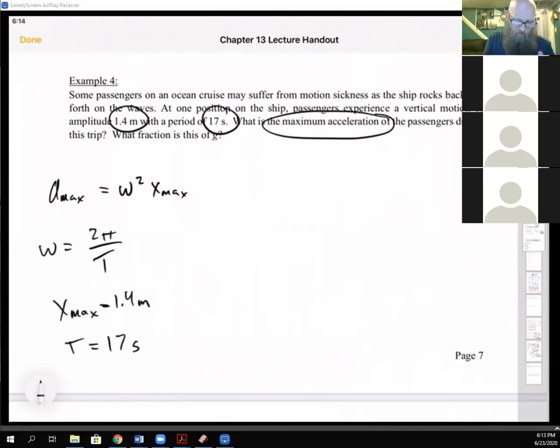So if I put all of that together, let's do omega first. Omega is 2 pi over the period, which is 17 seconds. So what I get is 2 pi divided by 17, which is 0.3696 radians per second.